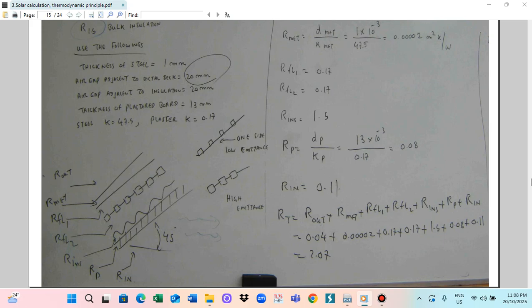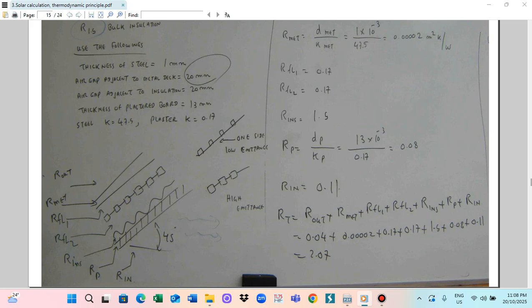Inside, the air usually moves this way, from here to here. So because of this, inside is straight air and horizontal, so we can use 0.16. You can take the higher value, 0.16. So R in is equal to 0.16.